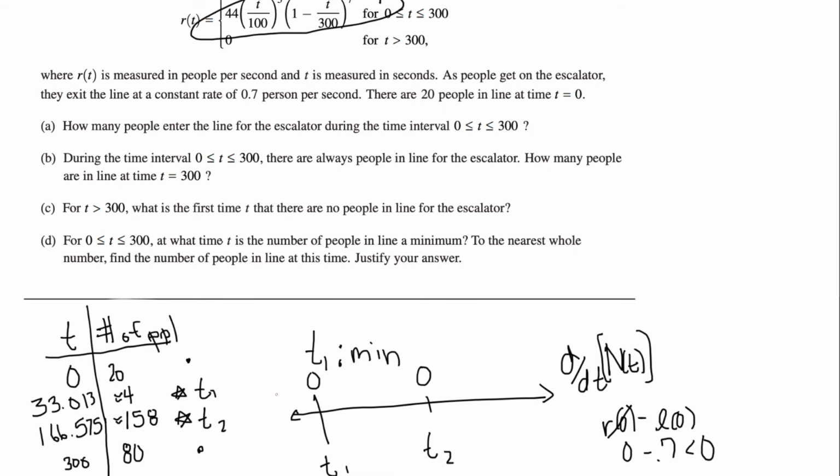So here, all the derivatives are negative. If you plug in a value between 33 and 166, you'll find that it's positive. And anything greater than T2, the 166, is going to be negative.